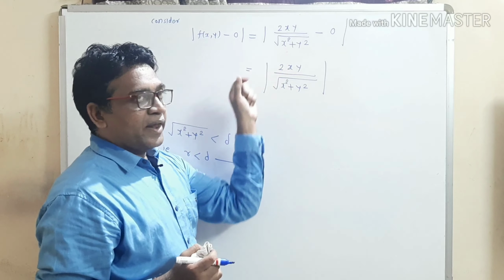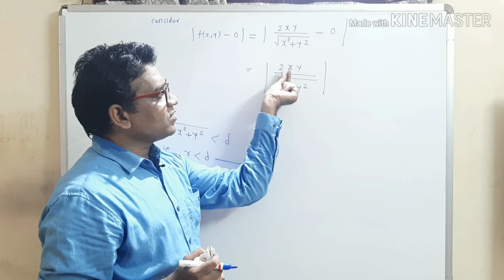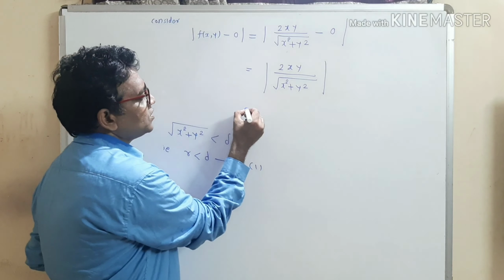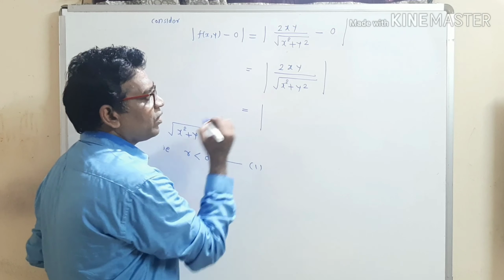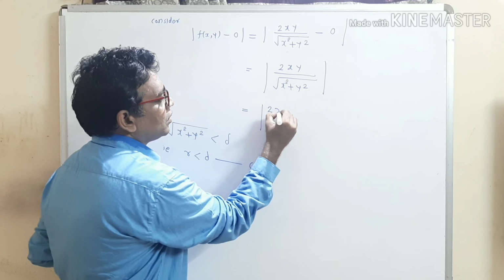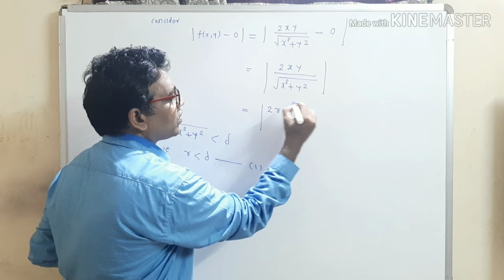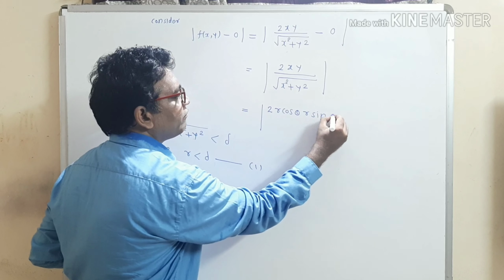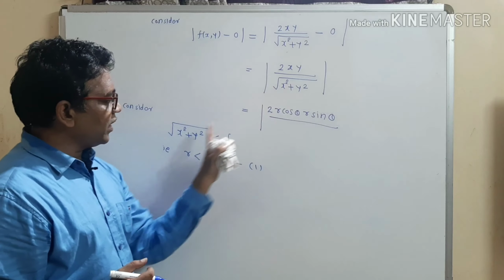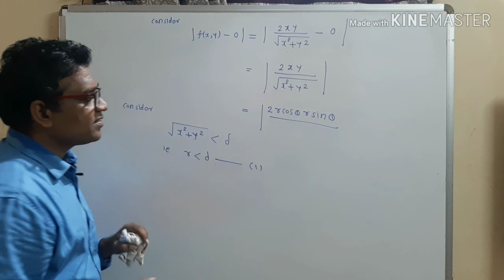Now we had taken the substitution: put x equal to r cos theta, y equal to r sin theta. So put these values. So write down, this is equal to modulus 2 as it is, put x equal to r cos theta, put y equal to r sin theta, and we have found this value, under root x square plus y square, is the same as r.